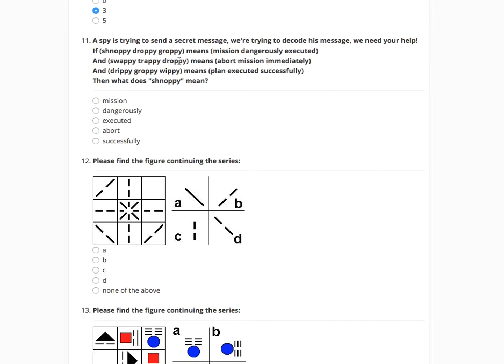So executed is the meaning of groppy. So schnoppy must be dangerously, right? Yeah, schnoppy is dangerously because we found that the mission and executed were droppy and groppy respectively, right?